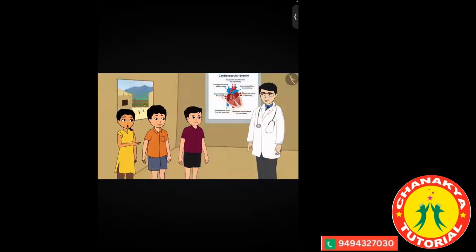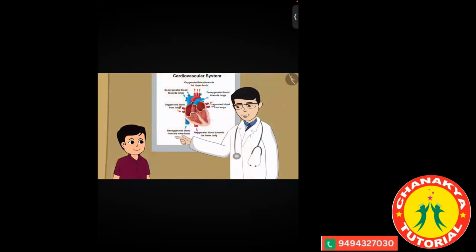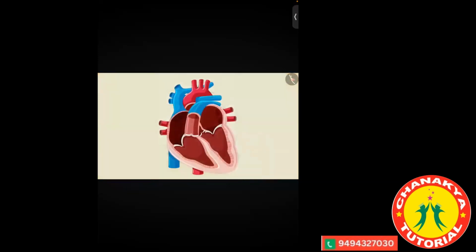Doctor, what will happen if the oxygenated blood and the deoxygenated blood gets mixed in the heart? This is a very good question. For this situation not to arise, there are 4 chambers in the heart. Come, I will explain to you about this with the help of this poster. The heart is a 2-story building. The upper 2 stories are called atrium. Look, left atrium and right atrium.